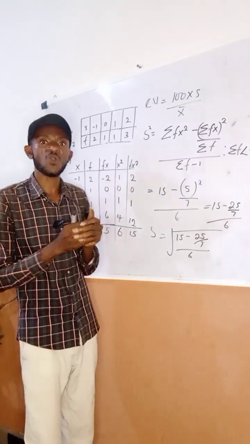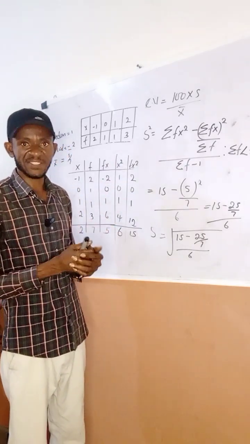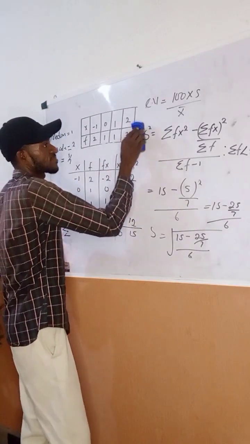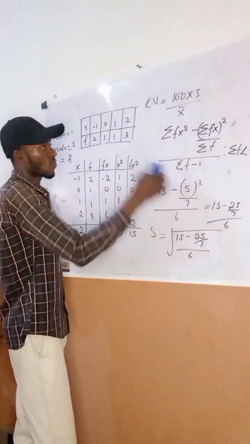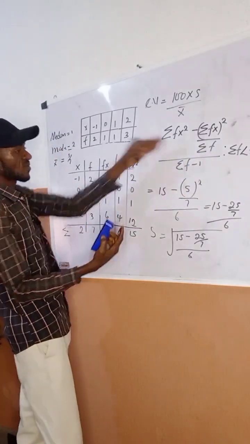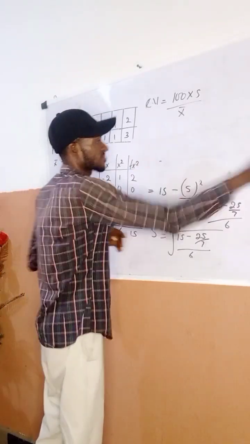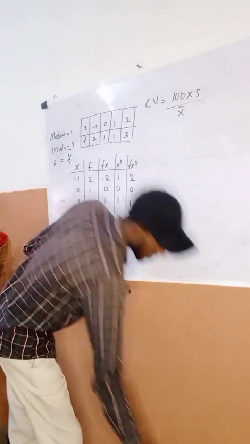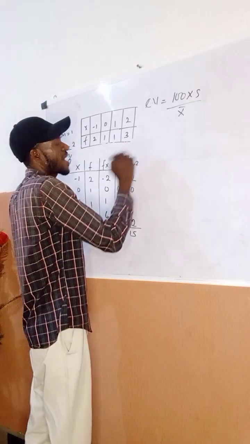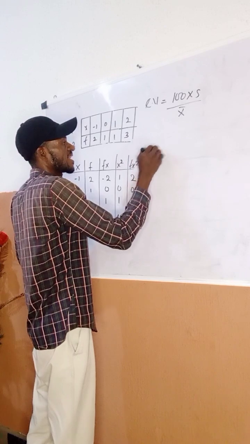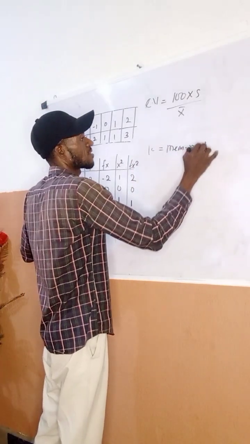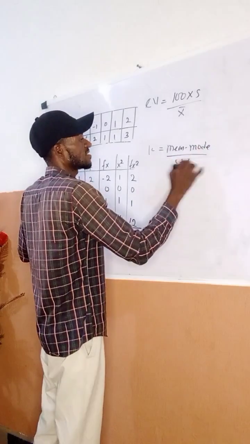Then we now talk about the coefficient of skewness. In the coefficient of skewness, we gave ourselves a formula. Permit me to clean here quickly. You know why we use this formula, and how we obtain from this table all these values and then substitute them. So the coefficient of skewness K is given as mean minus mode all over standard deviation.